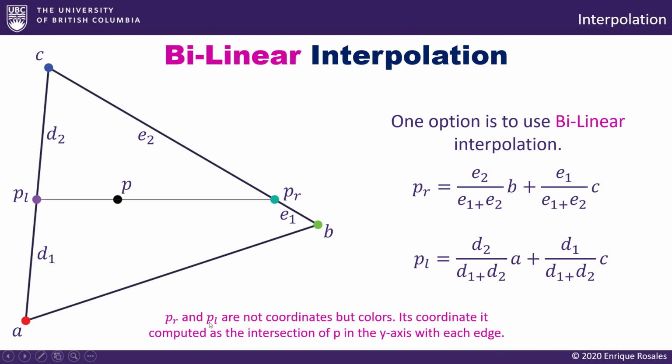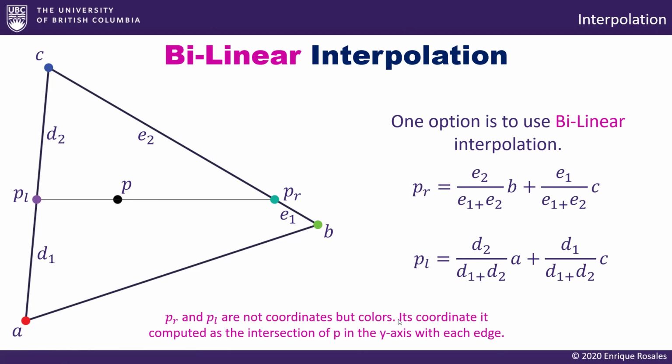Again, in these formulas, PR and PL are not coordinates. I'm not talking about the coordinates of these points, I'm talking about the color: how am I going to compute the color of this greenish color and this kind of purple color. The coordinates I already have.